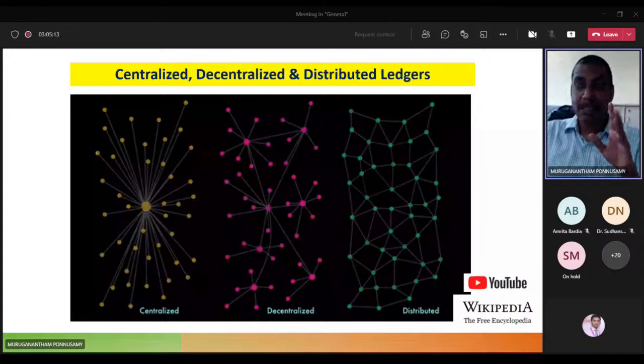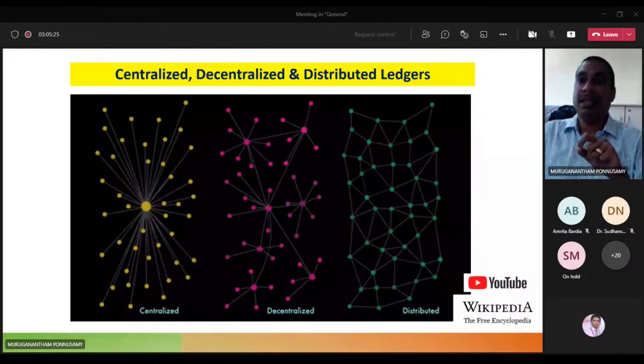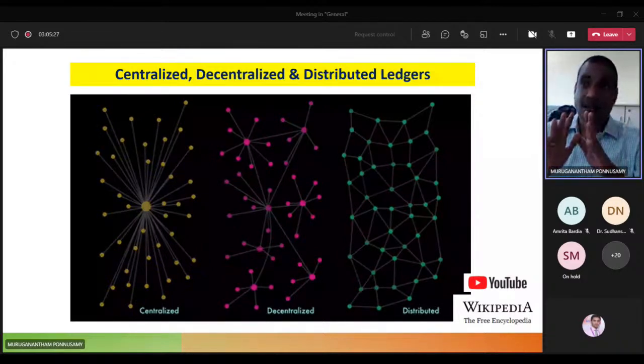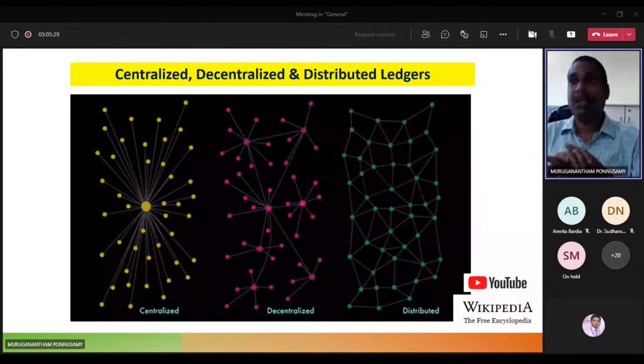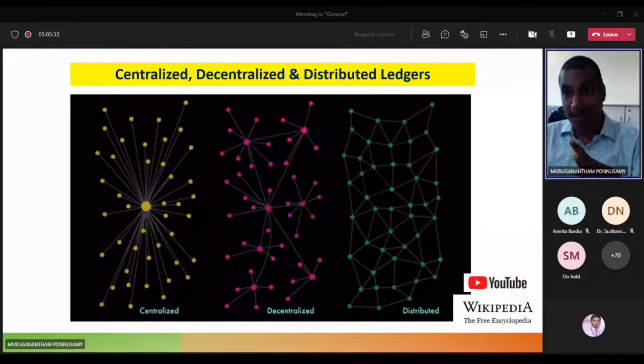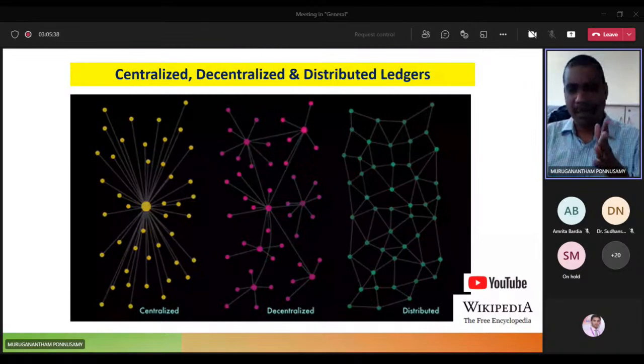The participant at each node of the network can access the recordings shared across that network and can own an identical copy of it. Any changes or additions made to the ledger are reflected and copied to all participants in a matter of seconds, sometimes a matter of minutes.